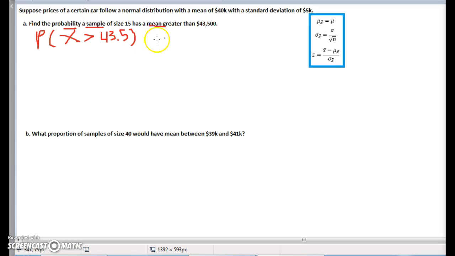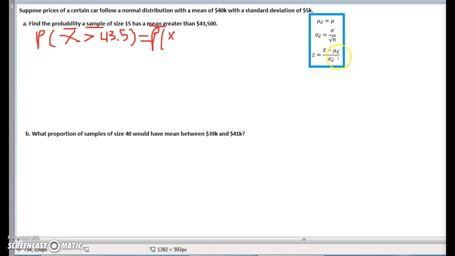So we know we have to convert this x bar to z using these formulas. So let's just go ahead and do that. So we have the probability, and then x bar, so this is going to be z over here.